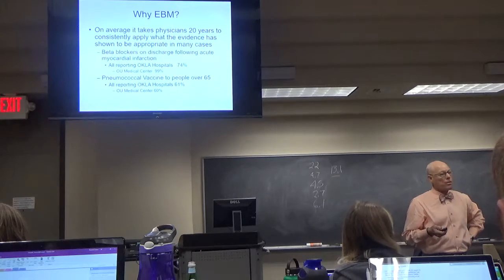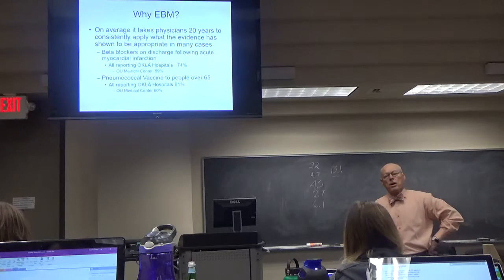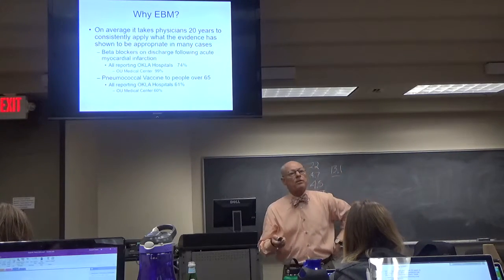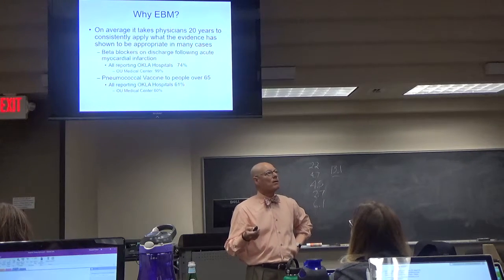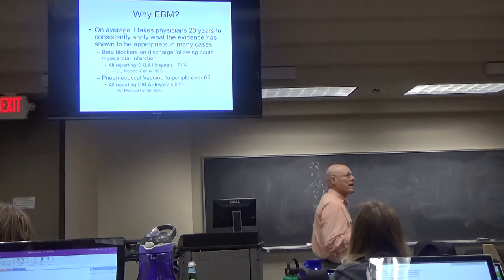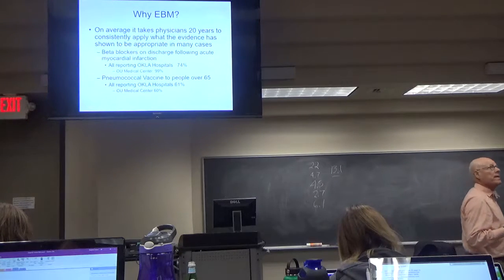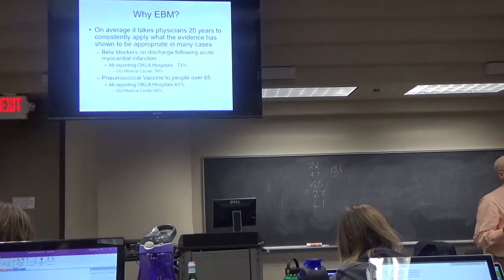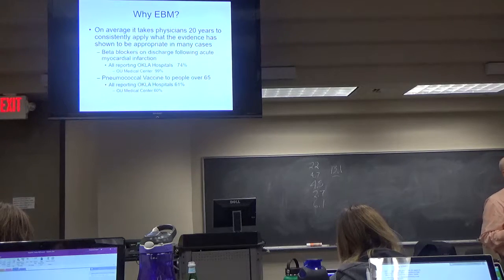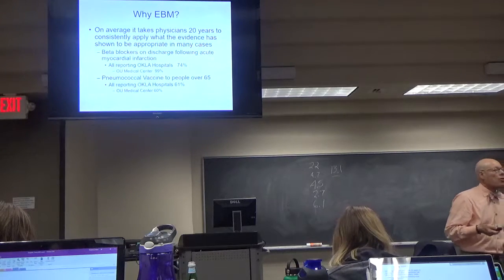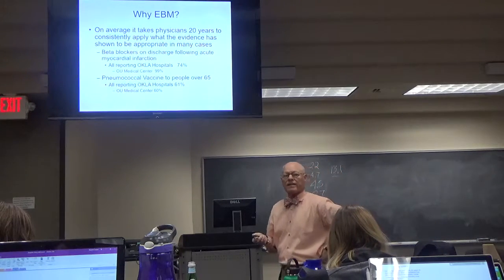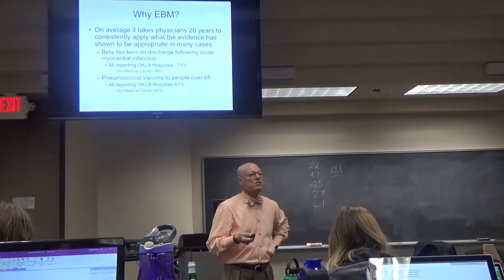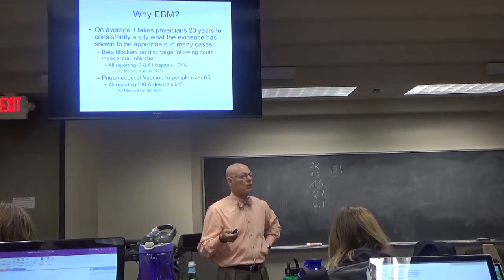Okay, so the doctors at OU Medical Center were doing a much better job than the doctors in general. But look at this. Pneumococcal vaccine to people over 65 when they left the hospital. In the state of Oklahoma, 61% left with evidence that they were current on their pneumococcal vaccine. At OU Medical Center, it was only 60%. We weren't as good as the general hospital population out there, or we were about equal.